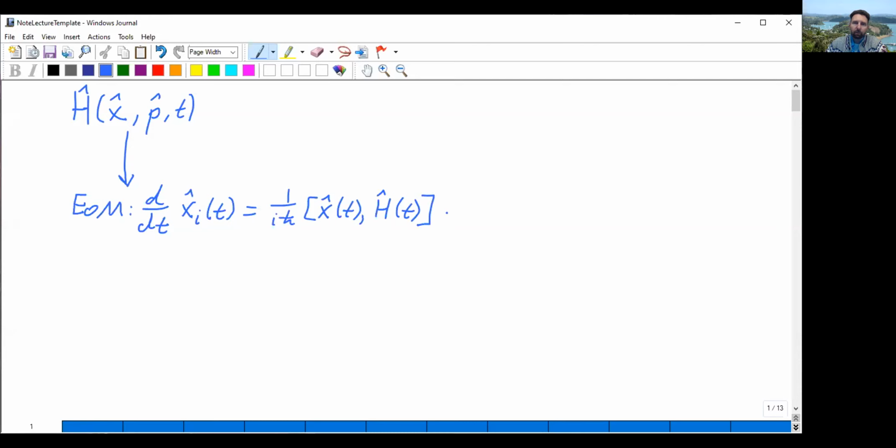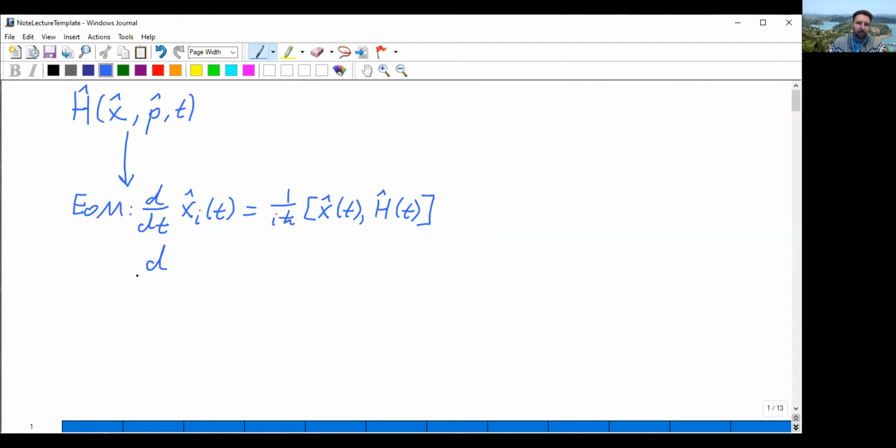This is the equation of motion for the basic variable x hat, and then we have d by dt. Actually, let me move this. Sorry. Let me move this down here.